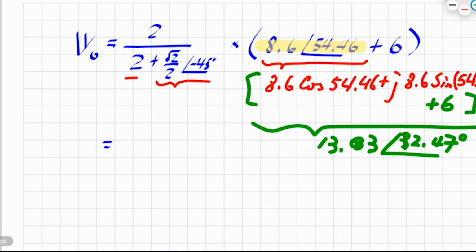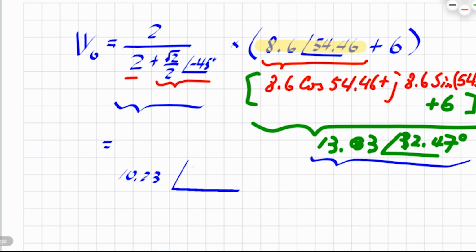And now if we go back to this part here and multiply by this, we end up with 10.23, and the phase angle is 43.78 degrees. Volts. This is our V naught.